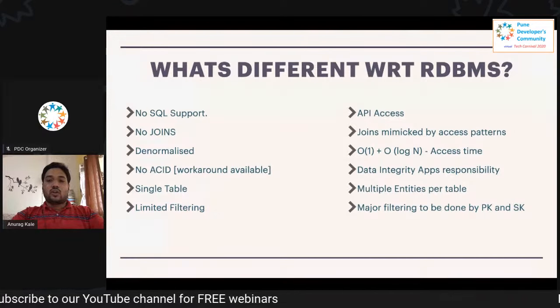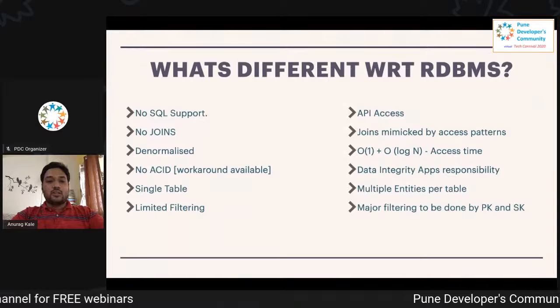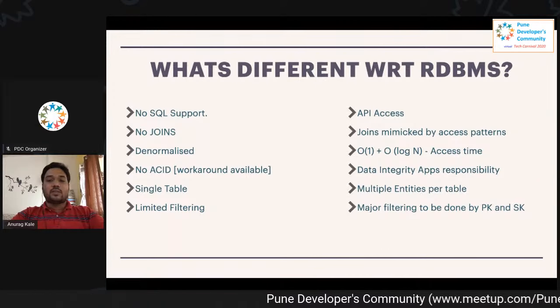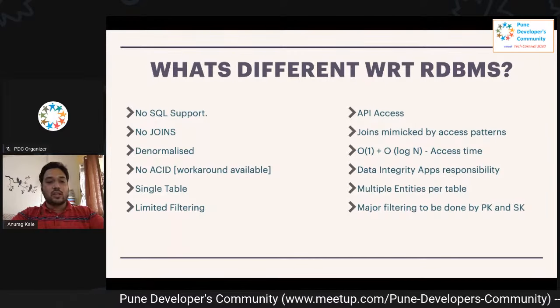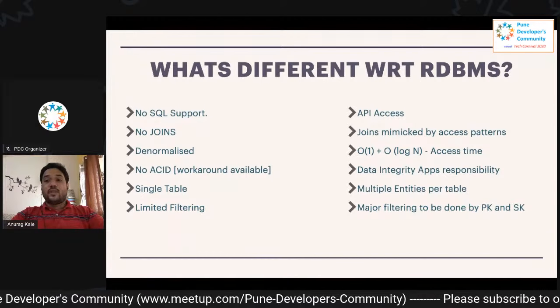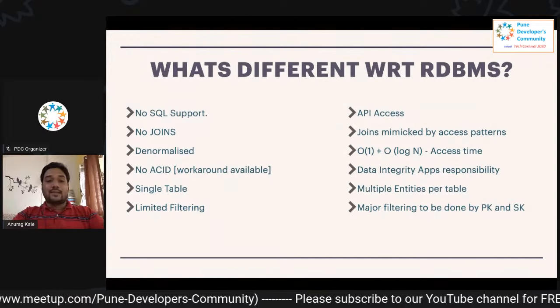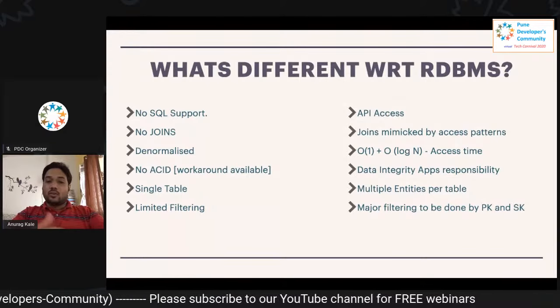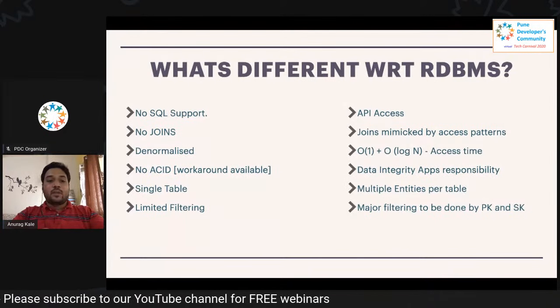So if you want to mimic joins, you have to denormalize the database and define your access patterns accordingly. It is also inherently not totally ACID compliant: atomicity, consistency, integrity, all that stuff.